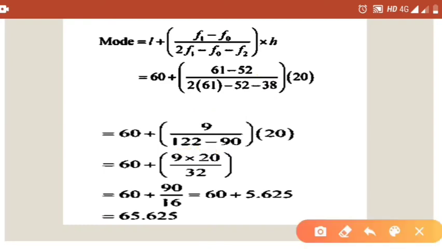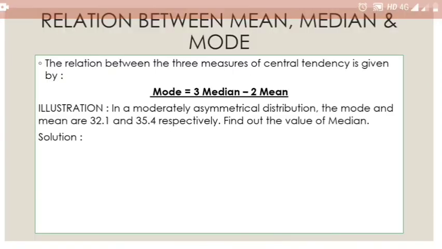Then we'll multiply this 9 into 20, and 122 minus 90 will be 32. After that, 60 plus 180 by 32. We'll divide 180 by 32, and we're getting 5.625. Then we'll add this, and we're getting the answer as 65.625. That is the value of the mode.